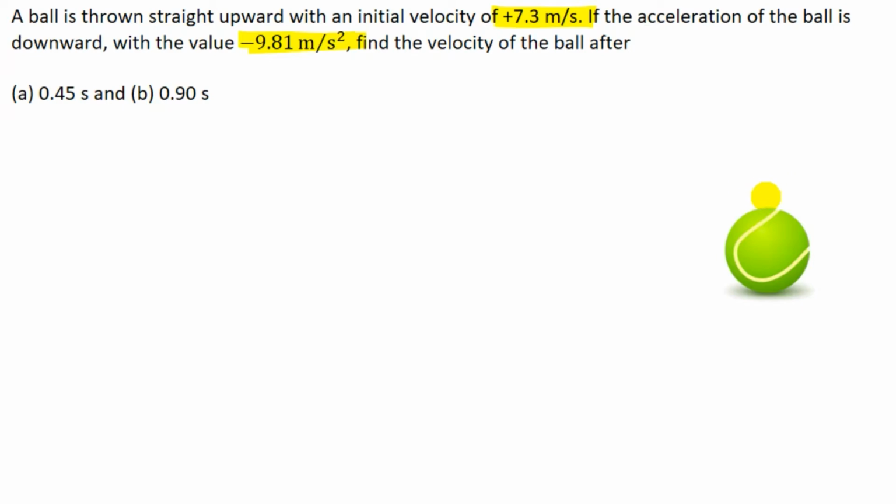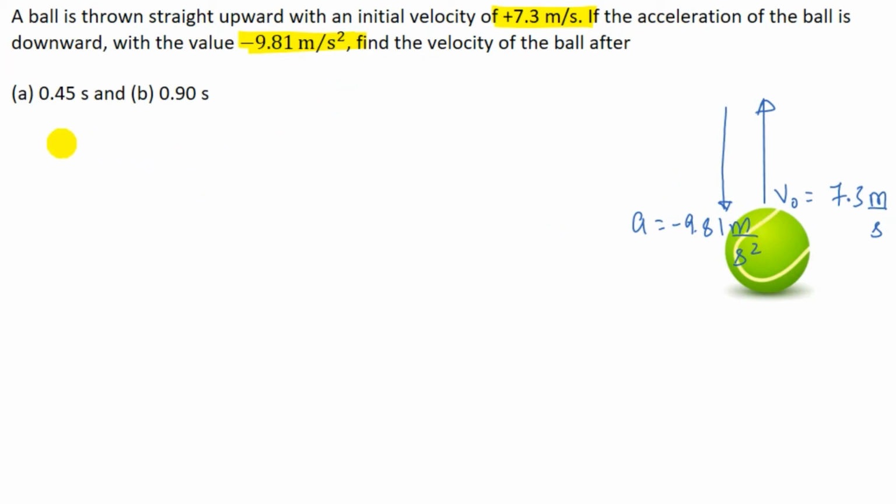So this is the ball which is thrown in the upward direction like this, and the initial velocity we have v naught, that is 7.3 meter per second, and acceleration acts in the downward direction like this with a equals 9.81 meter per second squared.